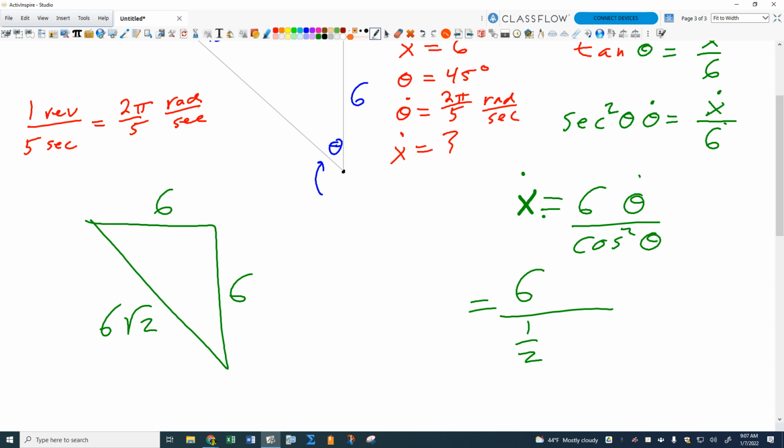And then theta dot we already know is 2 pi over 5. So what's that giving me then? I'm getting 24/5 pi. Is that right? 24/5 pi radians.